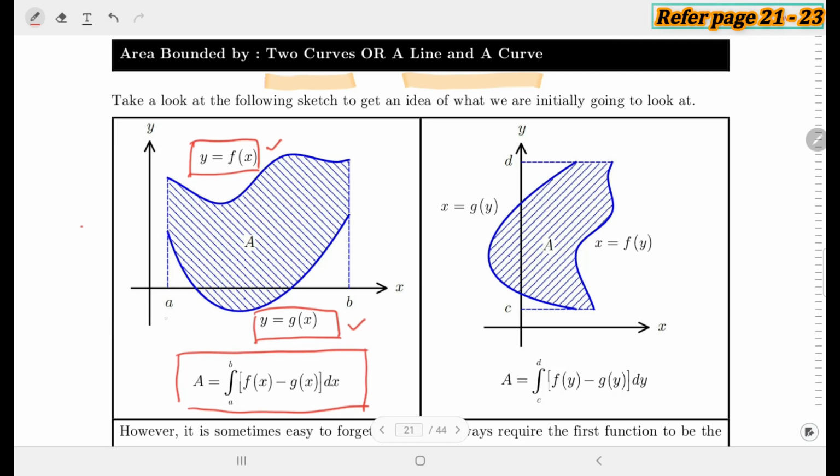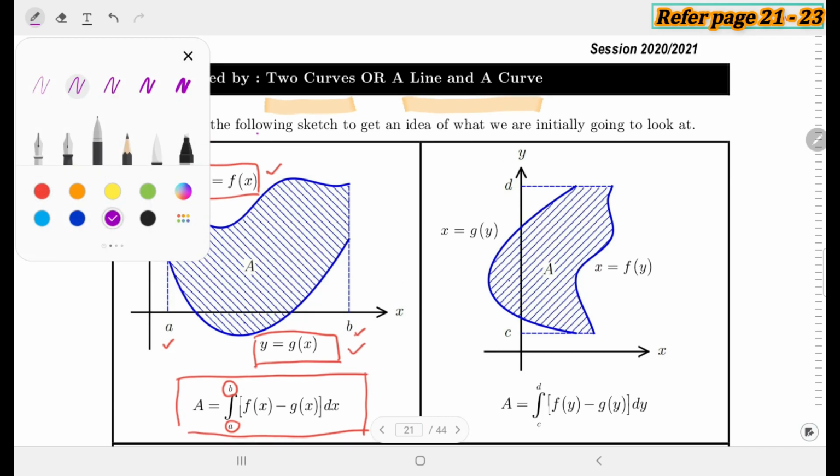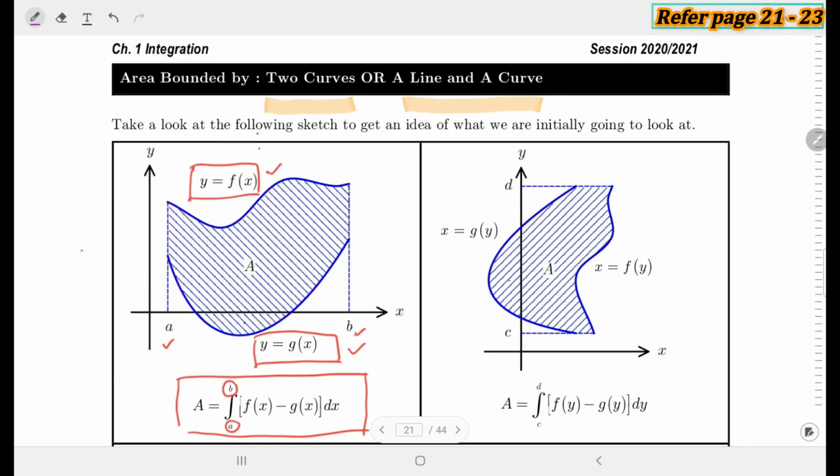We have limits from a to b, and the upper function is f(x), or we could use another color in order to identify which function is larger than the other.